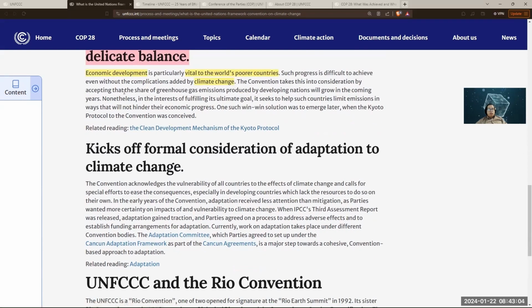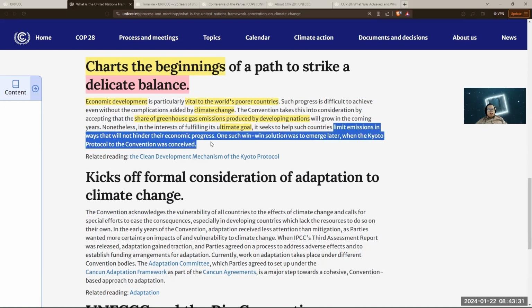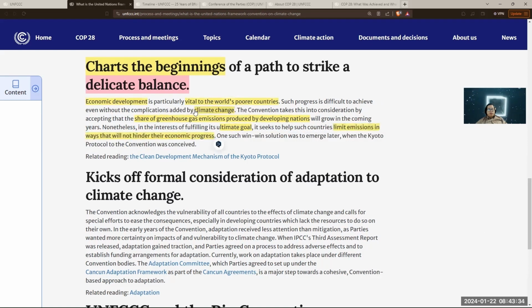Okay. The share of greenhouse gas emissions produced by the developing nation. We grow in the interest of fulfilling the ultimate goal, which is to bring the emission level down to 1990. So we want to limit the emission, but don't want to hinder the economic progress.